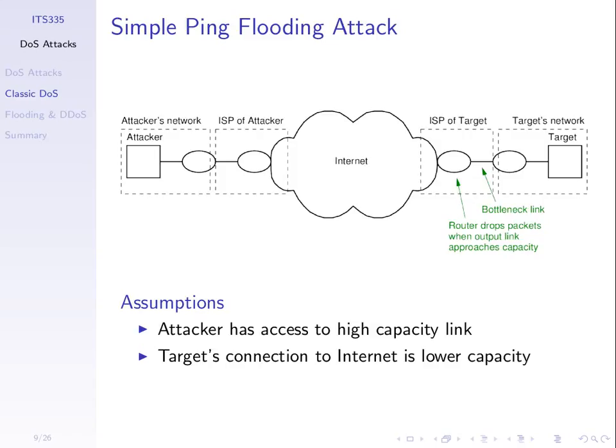And what we're going to assume in this scenario is that in the path from the attacker through to the target, of all those links, the slowest link is the one from the ISP into the target's network, the bottleneck link.